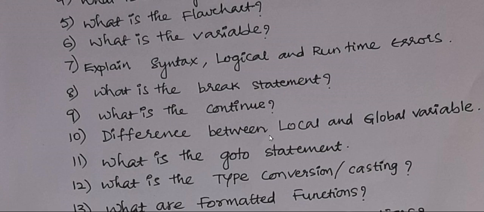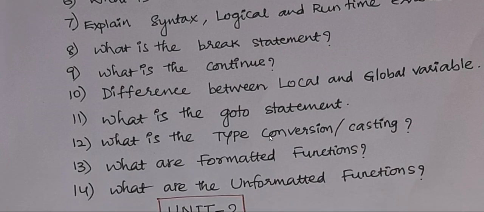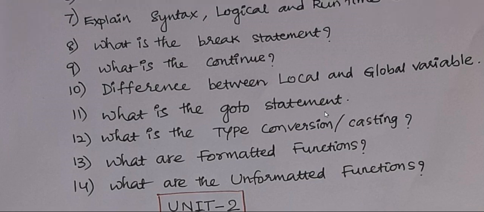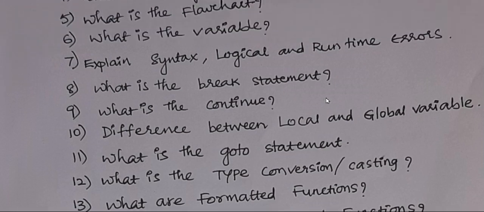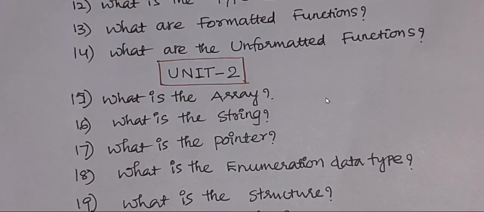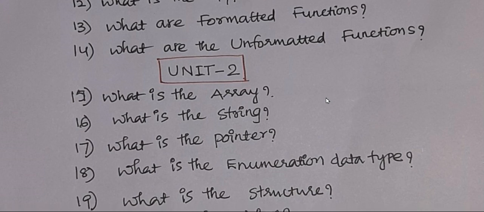What's the continue statement? Next, difference between local variable and global variables. Next, what is the go to statement? What's the type conversion or typecasting? Next, what are the formatted functions? Next, what are unformatted functions?